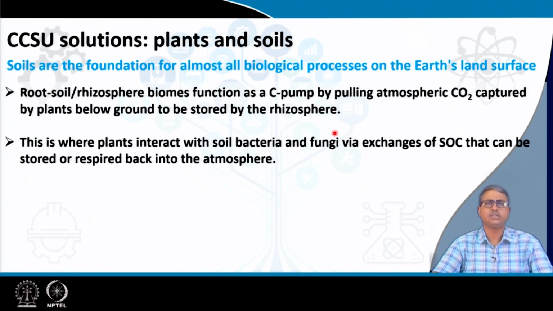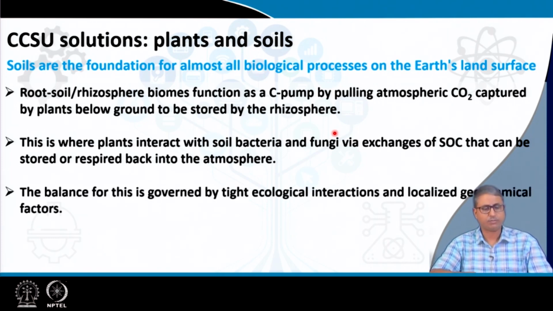So, basically the root system is delivering the carbon which is originally fixed from the atmosphere, and then releasing the SOCs. These SOCs are being metabolized by the organisms present in the rhizosphere and bulk soil, and this soil organic carbon is getting converted into carbon dioxide or methane, which comes out into the atmosphere.